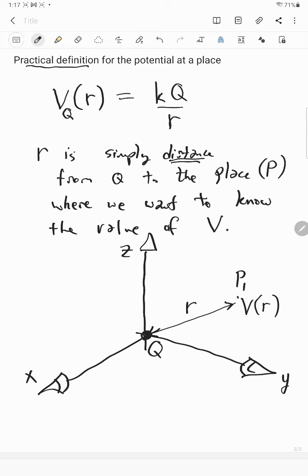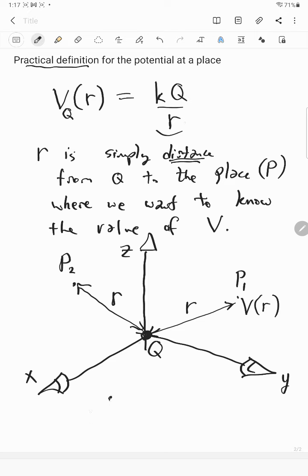But if you just stay the same distance away, like you go check this other position out here, it's called P2, but it's the same distance away, right? If it's the same distance away, you're going to calculate the same value of the potential.